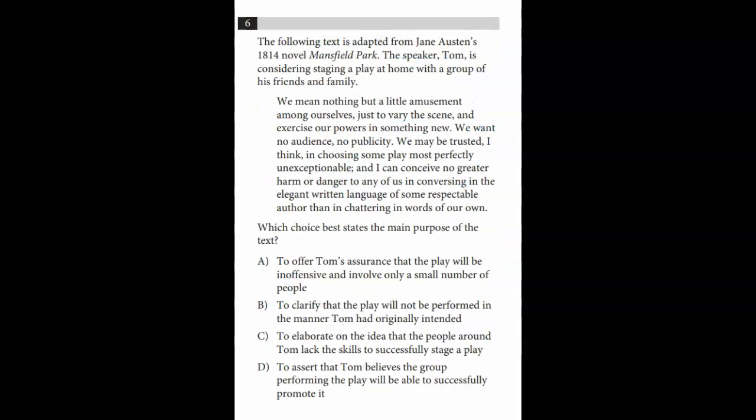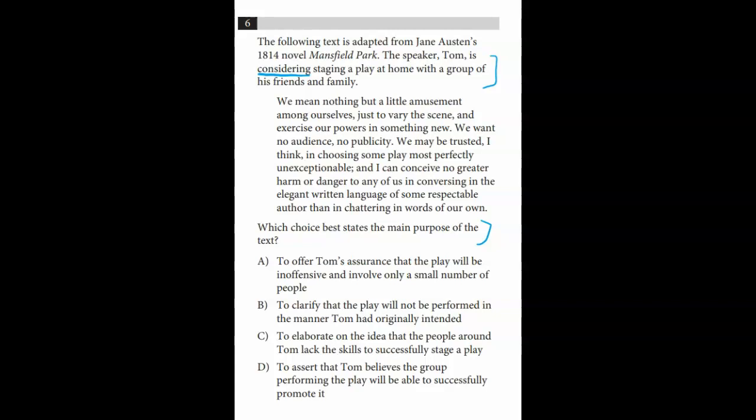All right, number six. Let's look, and it's going to be a main idea question. What is the main purpose of the text? The following text is adapted from Jane Austen's 1814 novel Mansfield Park. Speaker's Tom, and he's considering staging a play at home with a group of his friends and family.